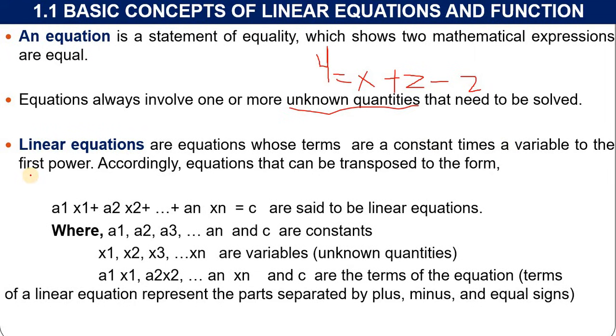Linear equations are equations whose terms are a constant times a variable to the first power. So in a linear equation there is a constant and there is a variable which has a first power.